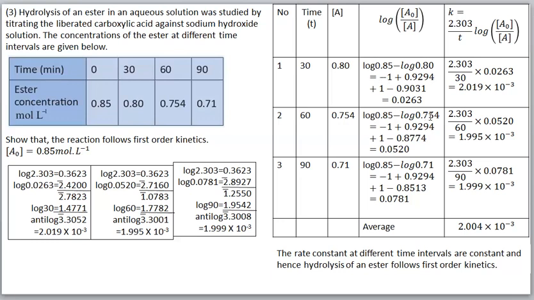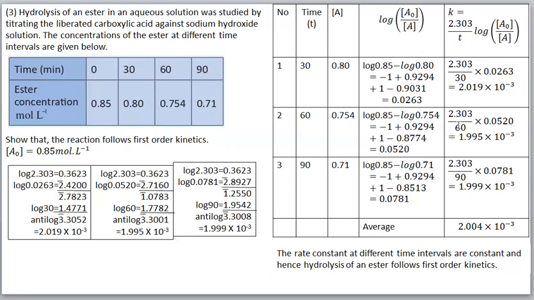Then 0.754: here the characteristic is bar 1 or -1. Here minus is there, so it becomes a plus. The mantissa is positive, but since here it is minus, we'll get negative. Then simplify. This +1 and -1 cancel, and simplifying these two we'll get this value.